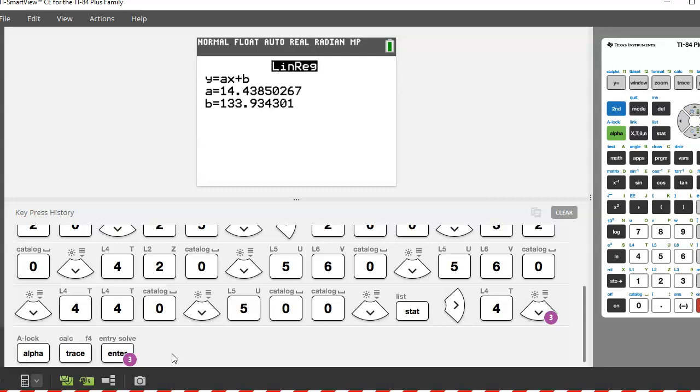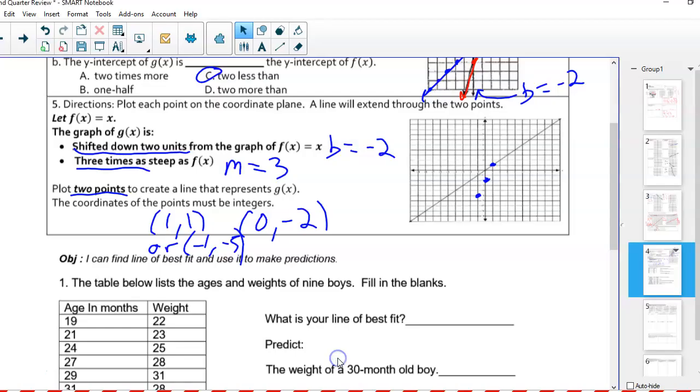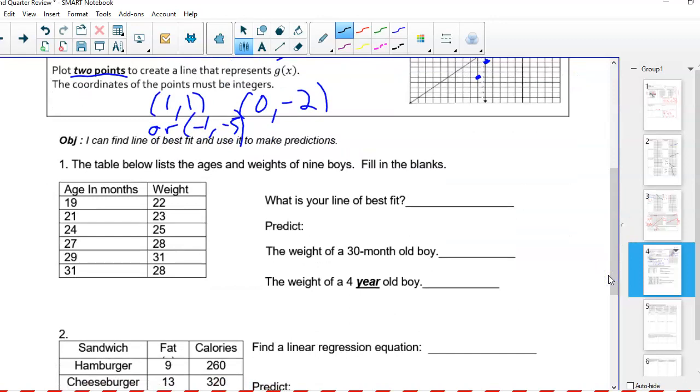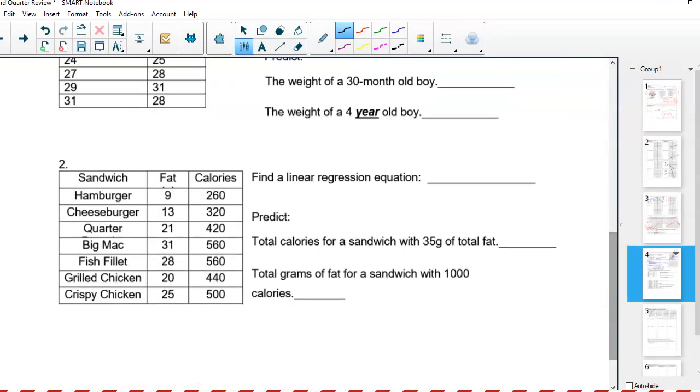Alright, remember that when it's asking for the linear regression equation, that's the same thing as the line of best fit. So we're gonna shorten it a little bit. If it doesn't say to round, you can either use all of the decimals, or you can use up to 1 decimal.